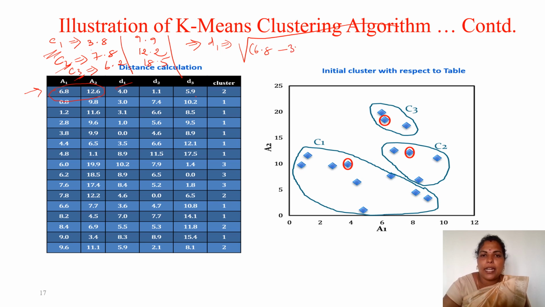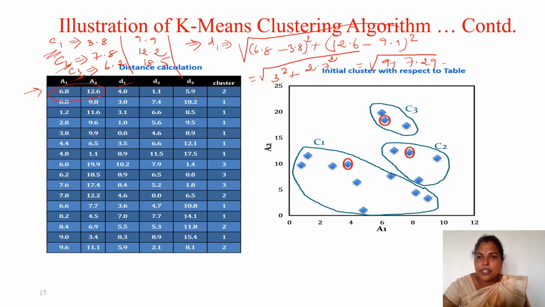So it is the root of 6.8 minus 3.8 the whole square plus 12.6 minus 9.9 the whole square. 6.8 minus 3.8 is 3, so 3 square plus 2.7 square, which is 9 plus 7.29, which is the root of 16.29, equivalent to 4.03. It is given as 4.0. So here D1 is 4.0.